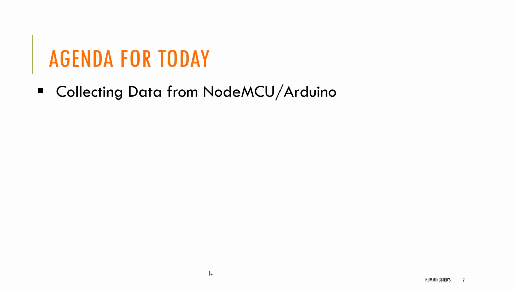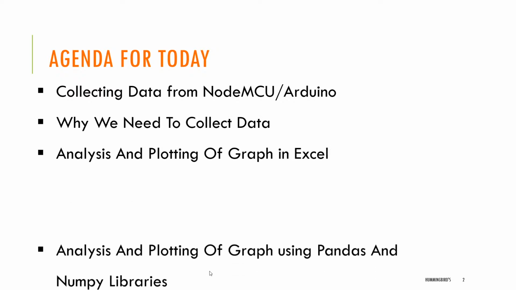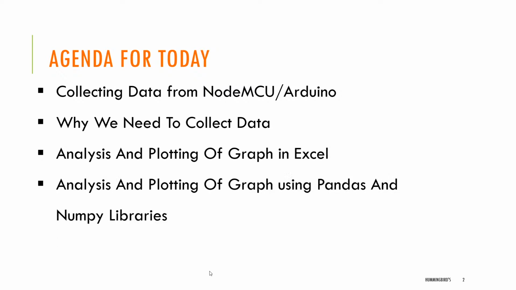I'll be logging the temperature and humidity, and next we'll see why we need to collect the data. We'll see analysis and plotting of a graph in Excel once we have collected the data. We'll see the NumPy and Pandas libraries, and then graph the same using data science techniques.